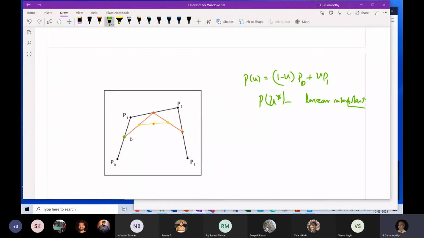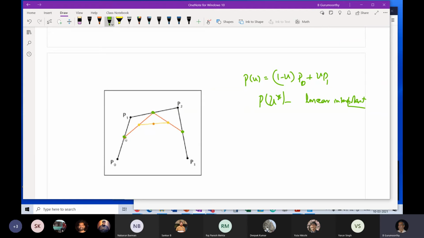That's what I have drawn here. So assume roughly half, so 0.5 you assume. It's not exactly half, I think, but doesn't matter. Okay. So I get this point here, and I get this point here, and I get this point here. Right. Each of them can be computed according to this expression here. Now I take the 3 new points and do the same thing again.